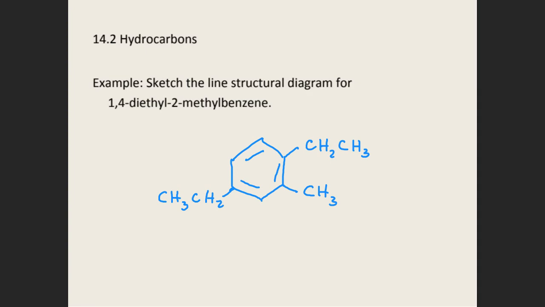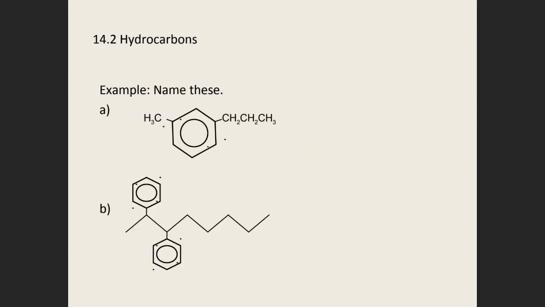Now, I had one more question that I skipped over. Let's go back and look at it. Ooh, B, that's scary. Well, B is a special case. Now, before I go any further, I am not going to test you on B. I'm going to show it to you, and then we're going to forget about it, because we're really shortening this unit quite a bit. Look at that. I have 2 benzene rings. And also, the main branch, 1, 2, 3, 4, 5, 6, 7, 8. 8 carbons.